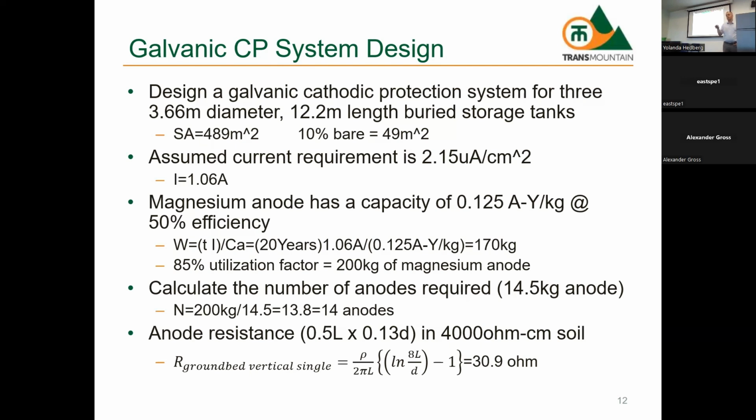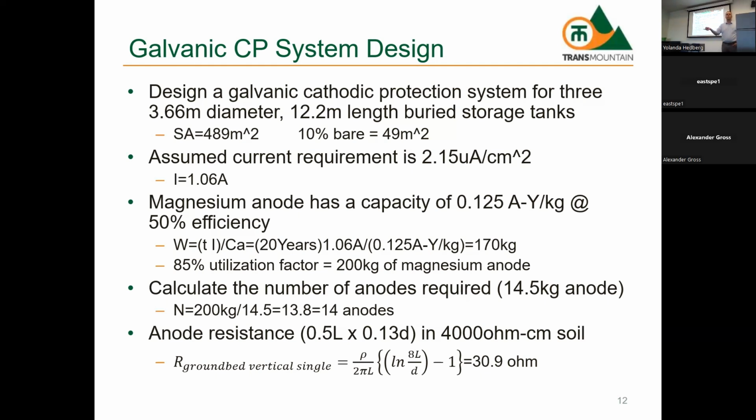So as a cathodic protection engineer, we now have to pick one. I got a bunch of these. Let's try using those. So first, we're going to pick a 14.5 kilogram anode. How many do we need? Simple calculation: 200 kilograms divided by 14.5, and we need 14 of these 14.5 kilogram anodes. Okay, let's see if that's going to work.